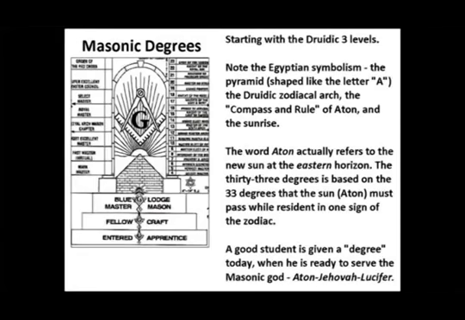So for the sun to enter, pass through, and completely leave a sign, it's about 33 degrees. This is why it's sacred to those modern solar cultists, people like the Freemasons. A good student is given a degree today when he's ready to serve his Masonic God: Aton, Jehovah, Lucifer. The fact that most students of the world don't know that doesn't change the fact of the matter.